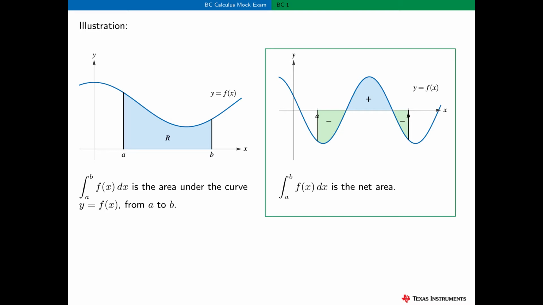The definite integral represents net area. In the figure, it's the area of the blue shaded region minus the areas of the two green shaded regions. Although I won't go into this here, one can justify this interpretation analytically by considering Riemann sums.